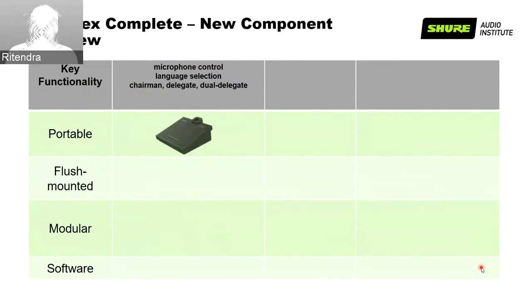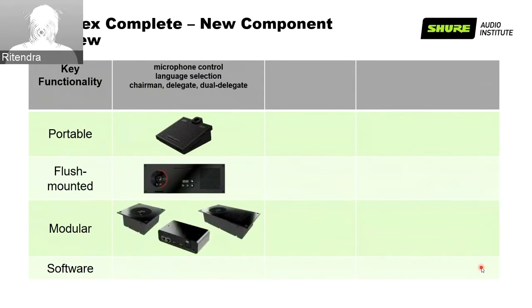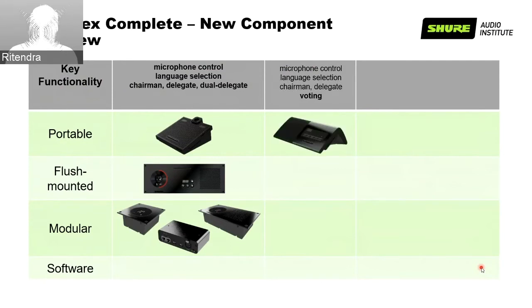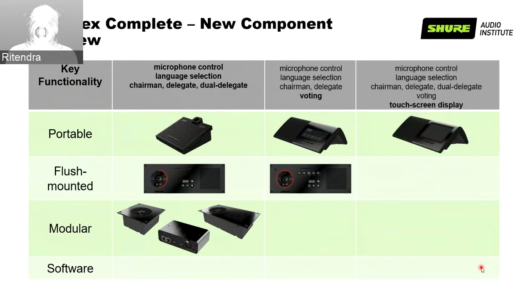So we have the MXC system. MXC 615 is the portable unit with basic options, flush mount, and if you need voting and touch screens, here we have option MXC 630, flush mount, and then if you need a touch screen display, we have another conference unit, which is here.